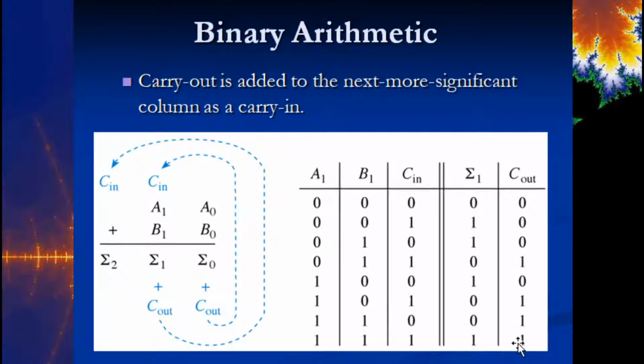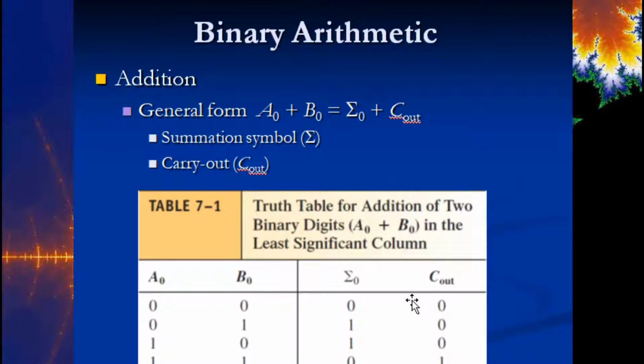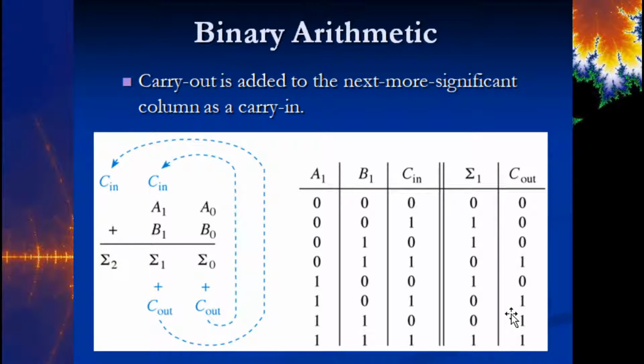See what happens here. So now the summation is 1 and carry the 1, because what is 1 plus 1 plus 1? It's 3. And how do we represent 3 in binary? 1, 1, okay? So all of the rest of this follows this truth table right here, except for the very last one because you've got 3 ones that you have to consider. But you can see in all the other ones, just take this one right here, 0, 1, 1. So 1 plus 1 is 2, right? So that's 0 and carry the 1.